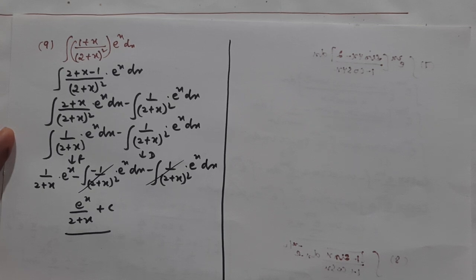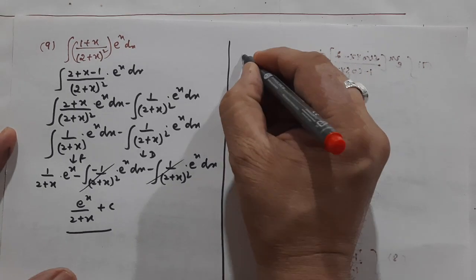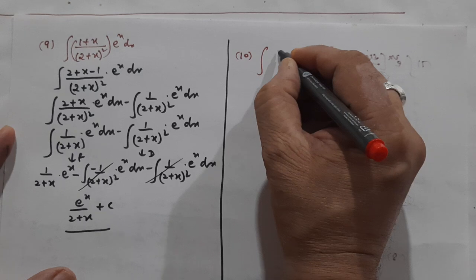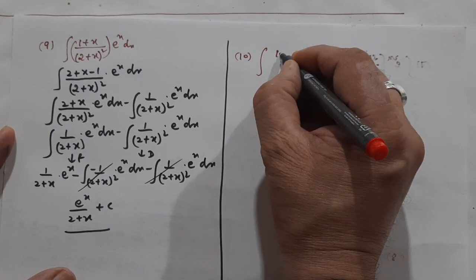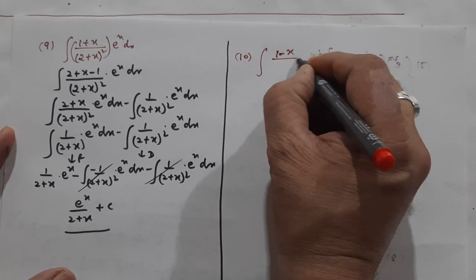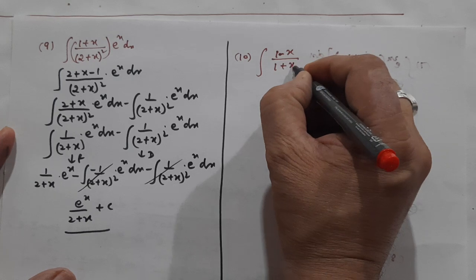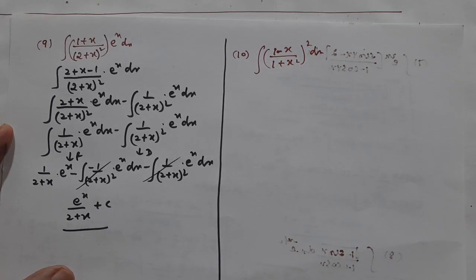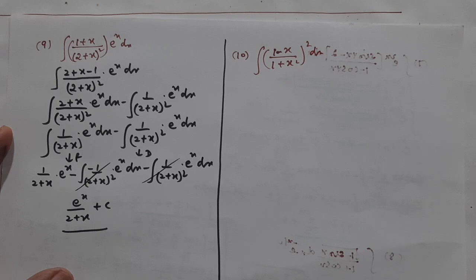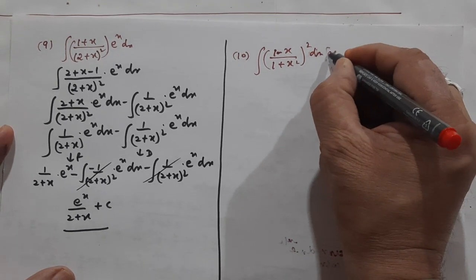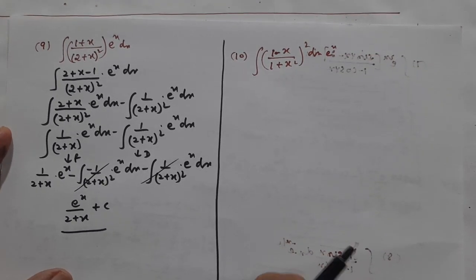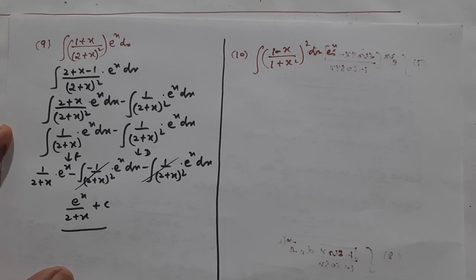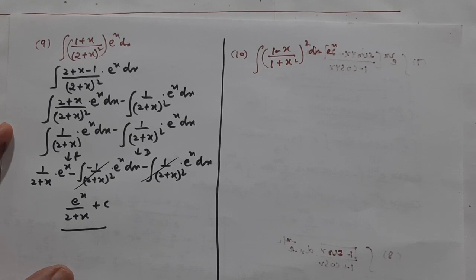The next question is number 10. Integral of 1 minus x upon 1 plus x square, whole square, and here we have e power x also. So the question is 1 minus x upon 1 plus x square whole square, e power x dx. Now let us see this question.